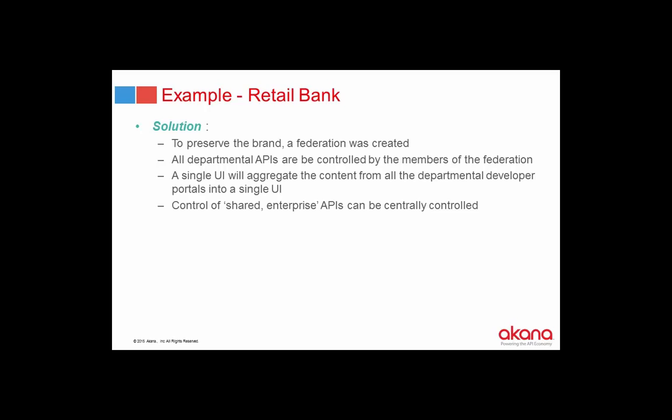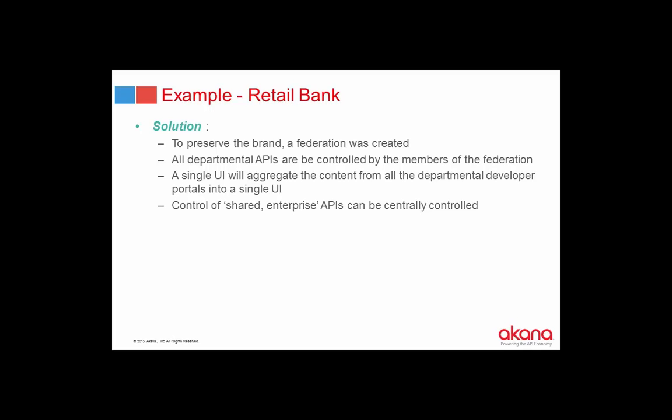So each line of business owns and operates their own infrastructure and their own portal. But then there's this other single portal that's owned by a centralized group that presents a single brand for the APIs that are presented out into their channel.